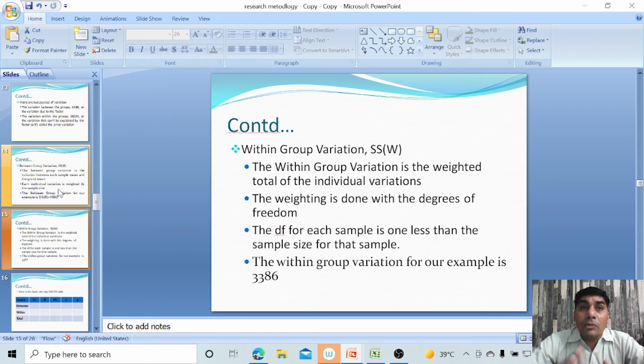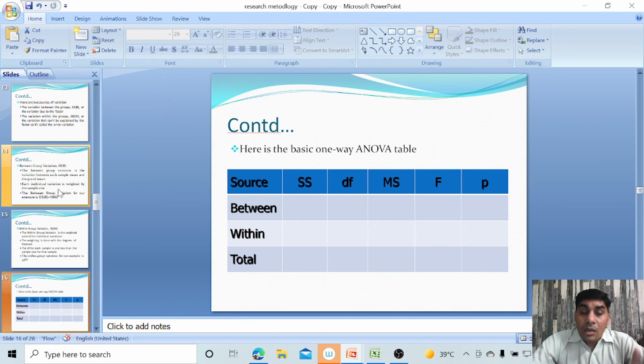For example, in the first row there are 7 students, so degree of freedom becomes 7 minus 1 is 6. For the middle row, it becomes 9 minus 1 is 8, and for the back row, it becomes 8 minus 1 is 7. So for this example, the sum of squares within the group is 3386.